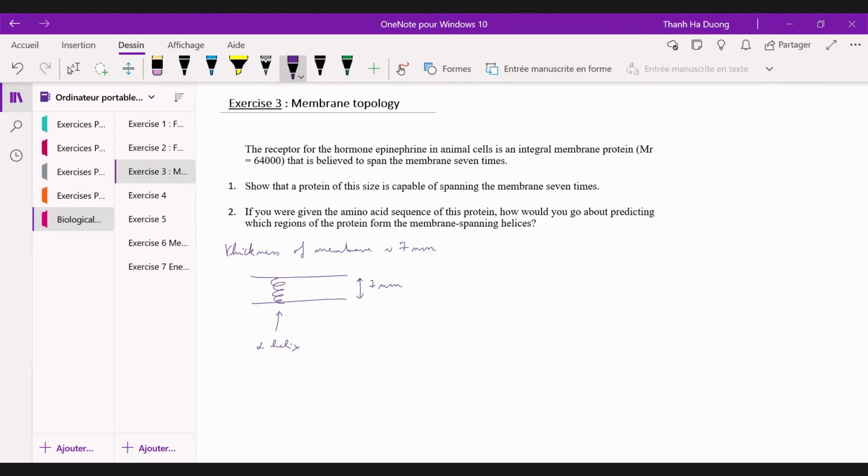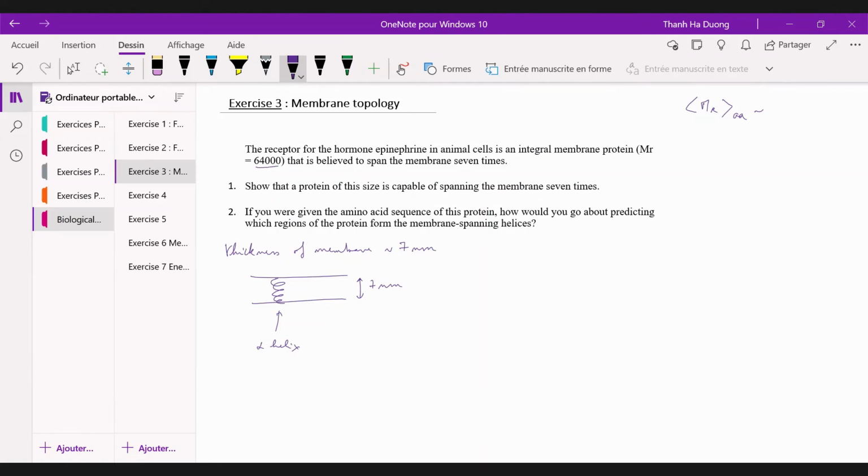You remember? Indeed. How many amino acids do you have in the protein with the molecular mass of 64 kilodalton? You know the molecular mass, the average mass of an amino acid.